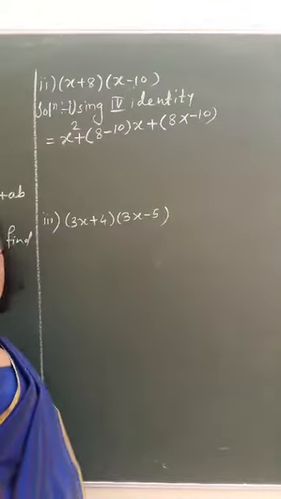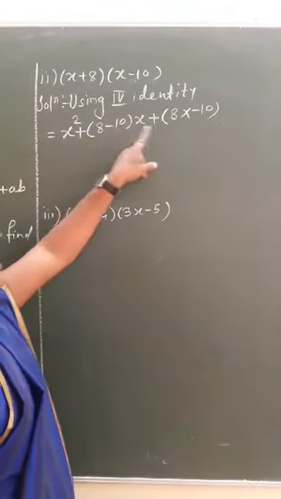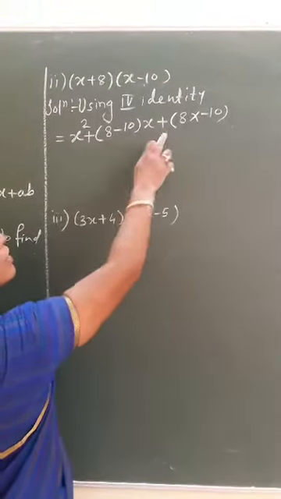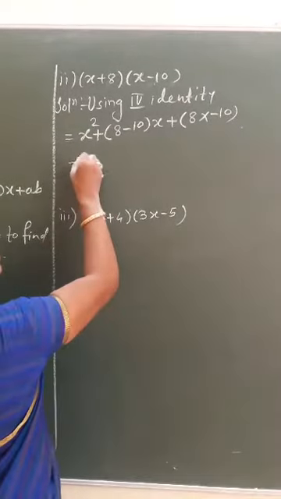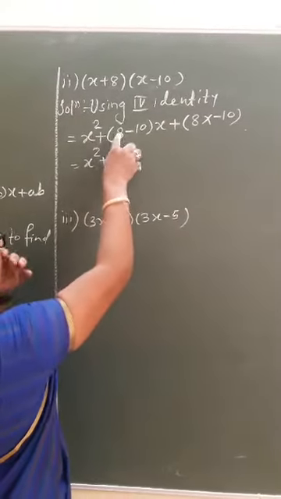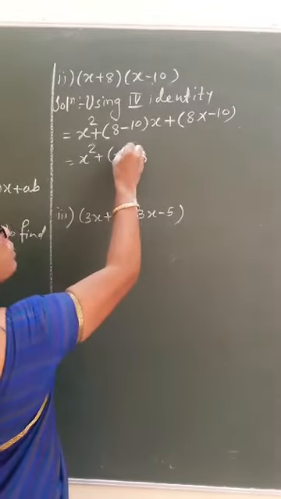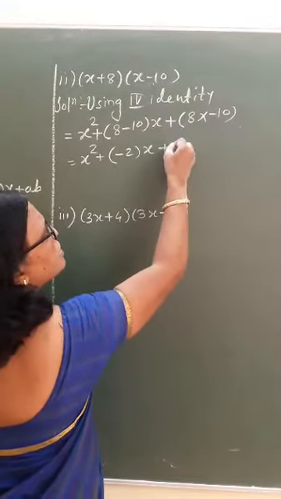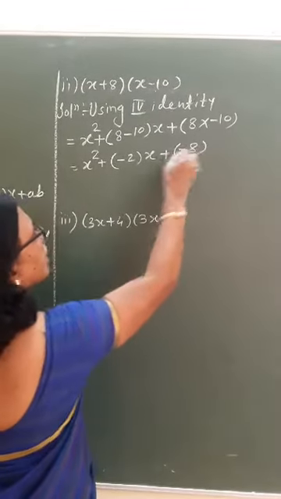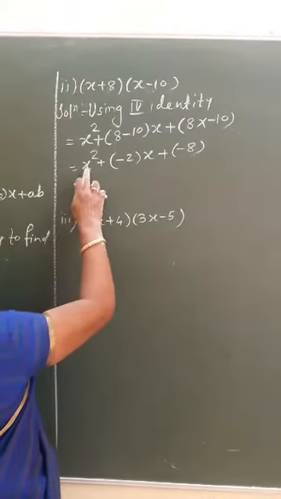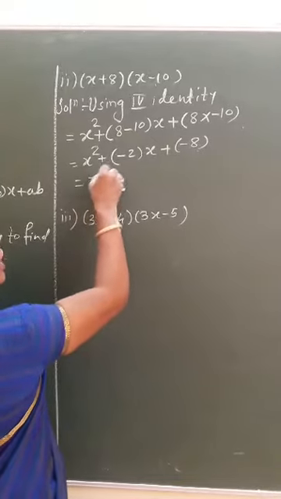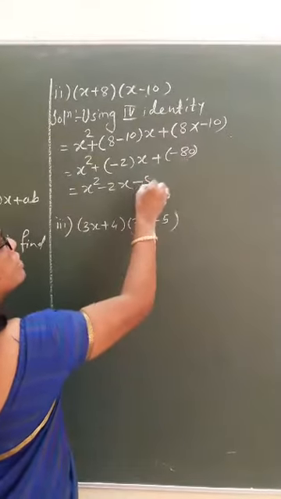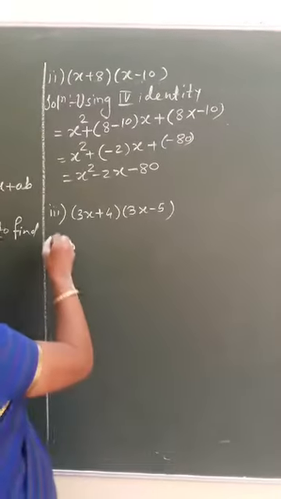Whatever the sign is with the number, you have to write it in the bracket, and the second and third terms always have a positive sign in front. So x square plus 8 minus 10 is minus 2, into x, plus 8 into minus 10 is minus 80. So x square minus 2x minus 80.